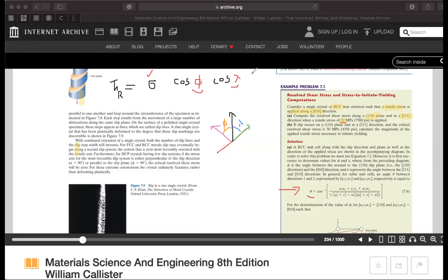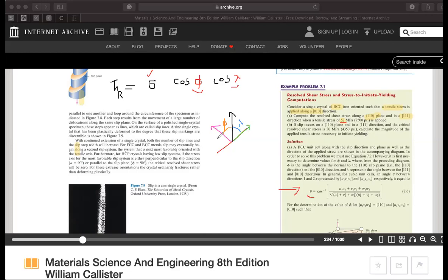The slip direction, he told you, is minus 1 1 1. So let me erase this and go to here. Okay, so the slip direction is minus 1 1 1.